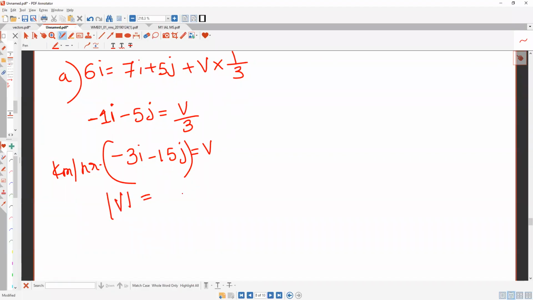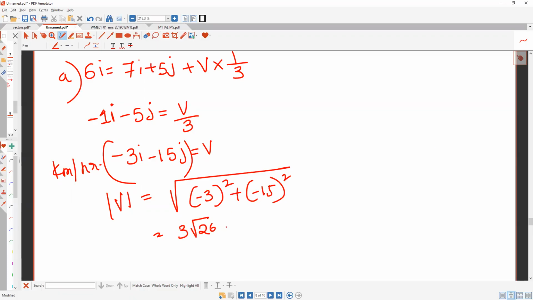The magnitude of v is going to be root of minus 3 square plus minus 15 square. Do this in your calculator: 3 square plus 15 square, root of the answer is going to be 3 root 26.